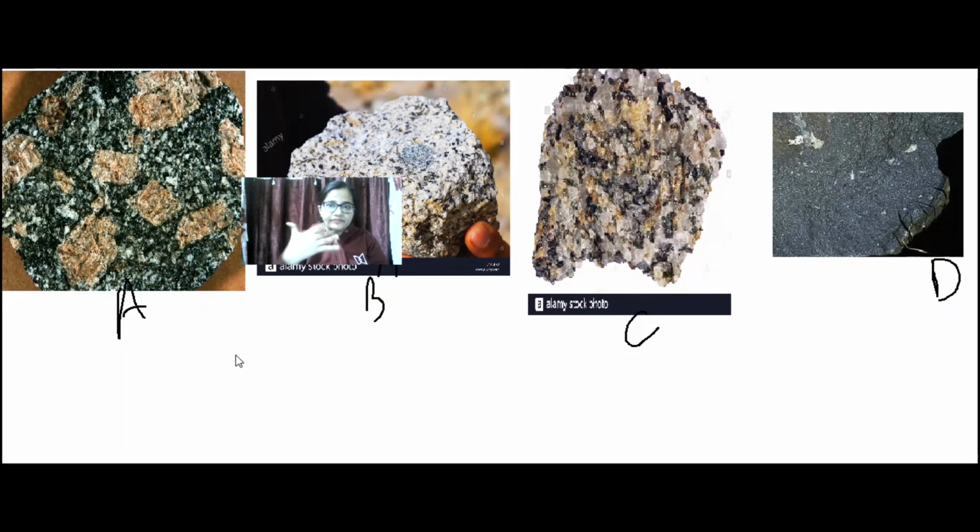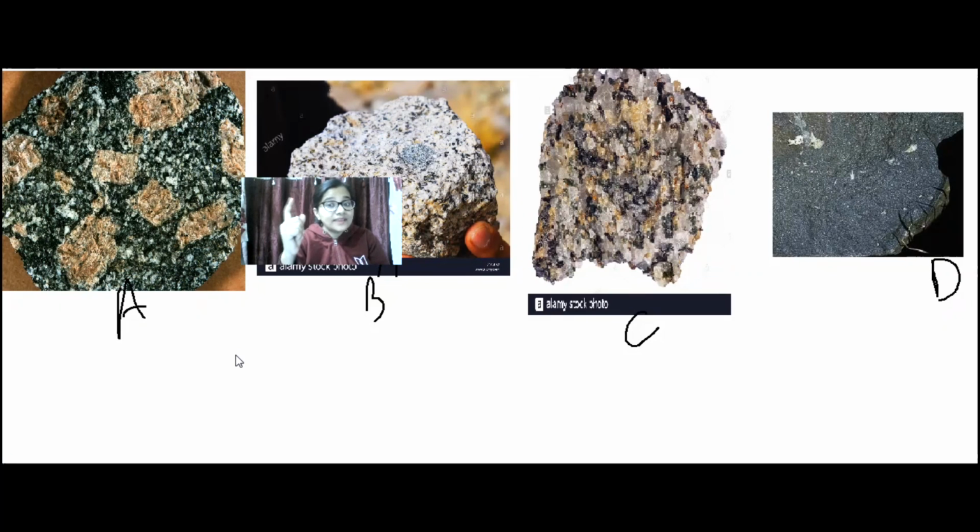Rough, we will feel a very rough texture, and this texture is happening because of the arrangement of the crystals of the minerals. Whereas if I hold the D rock, I won't feel that roughness of the surface. Whereas if I hold the C rock in my hand, I can feel the roughness of the surface.